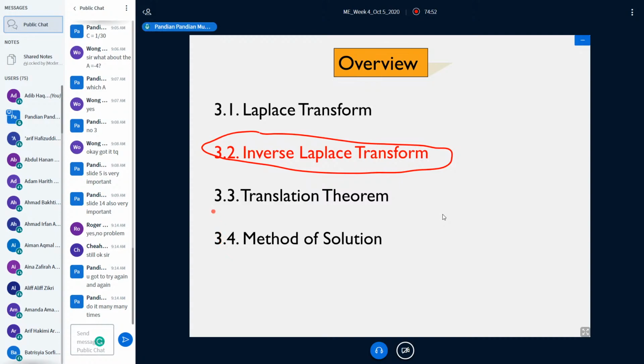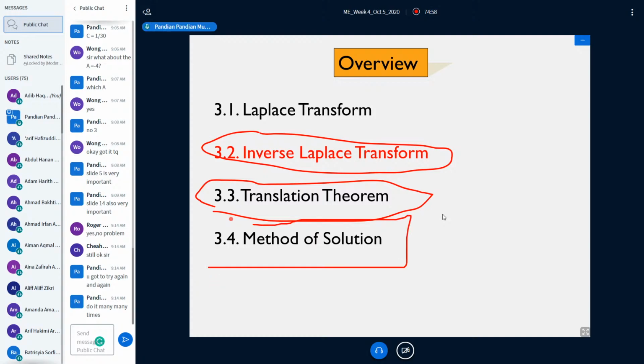So what is next class? Translation theorem. What is this? Of course, the final goal is this one. This is very, very important for the engineers. But we cannot do this one this week, so next week. Translation theorem 3.3.